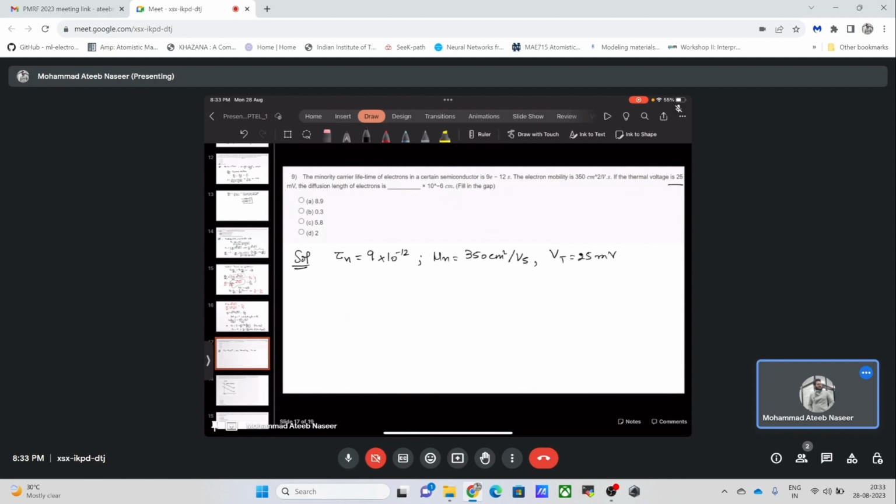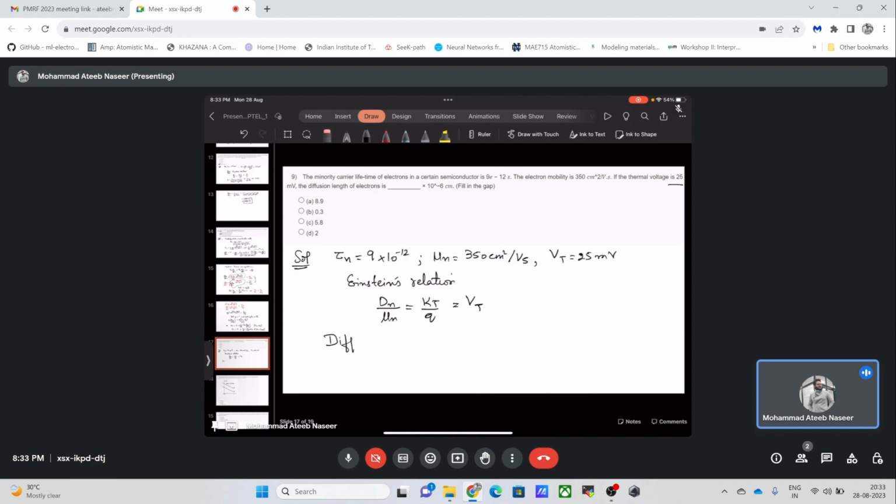Now, if we use Einstein's relationship, which says that the diffusion constant by the mobility is simply kT by q, or simply this is equal to Vt.